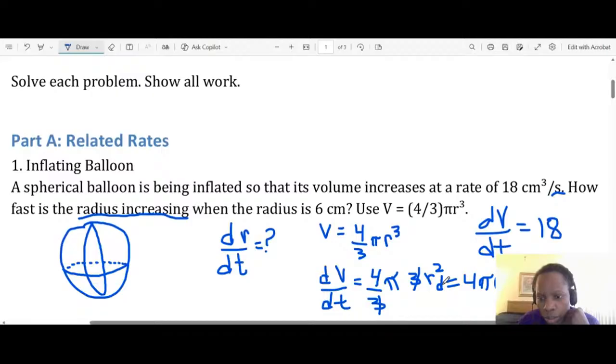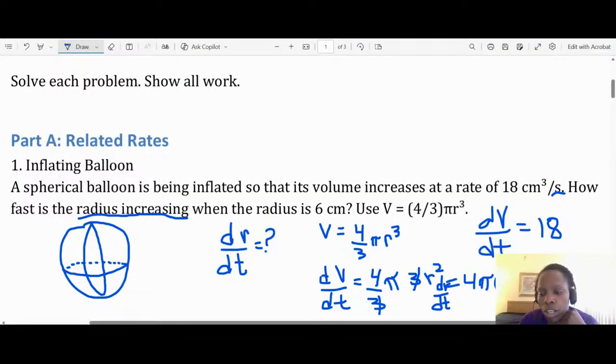So let me squeeze that in. Where'd you get that dr/dt from? It just came out of nowhere. You have to realize that r is changing with time, the radius is changing over time, so we have to do it with respect to time.